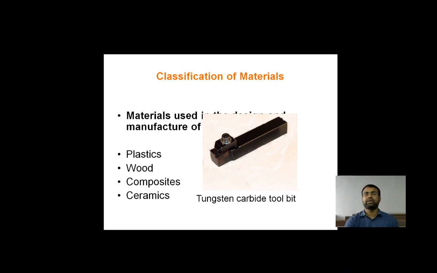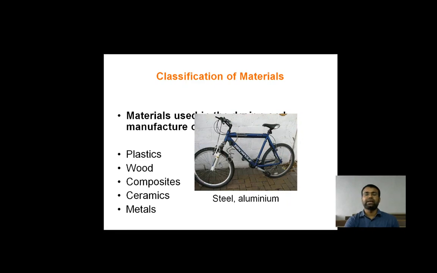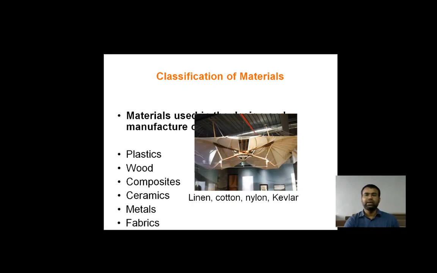So these are the basic classifications of the materials, how these materials are defined, and these are the metals, the steel and the aluminum, which are used for making any kind of product, and the fabrics, the linen, cotton, nylon, and carbon for roofing and for other kinds of work.